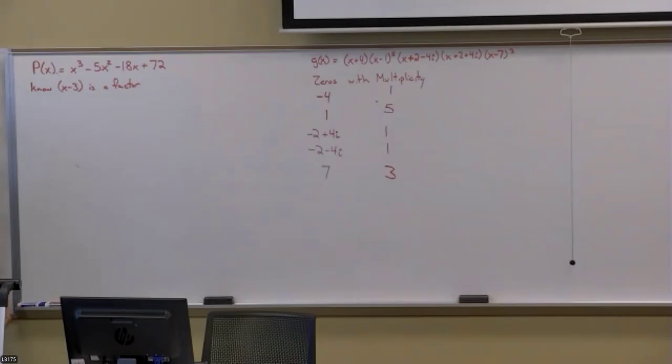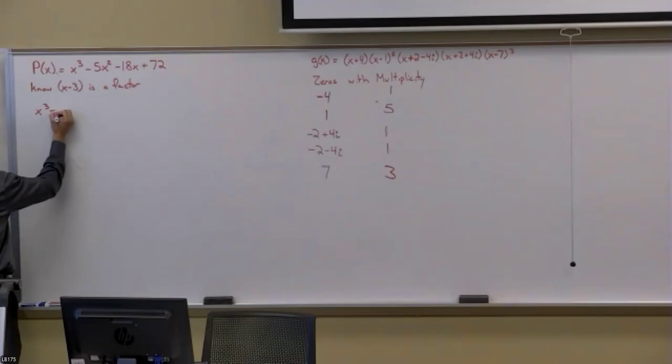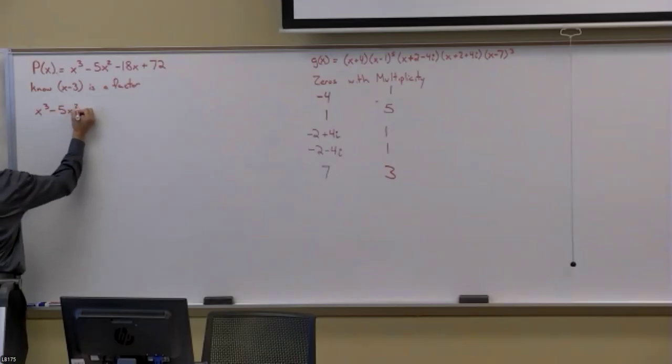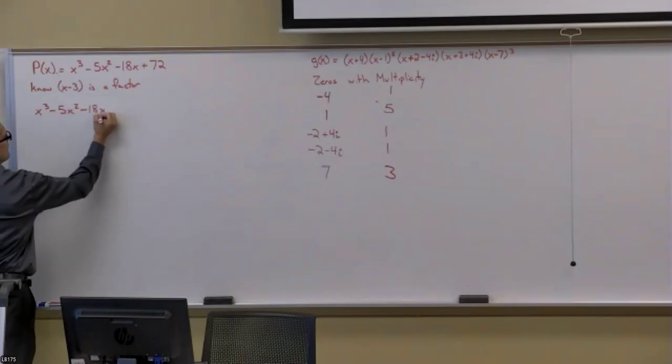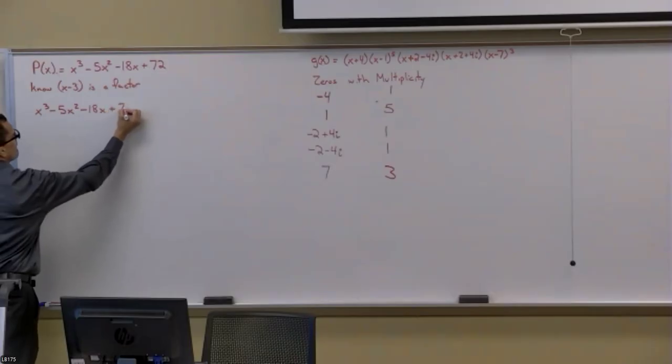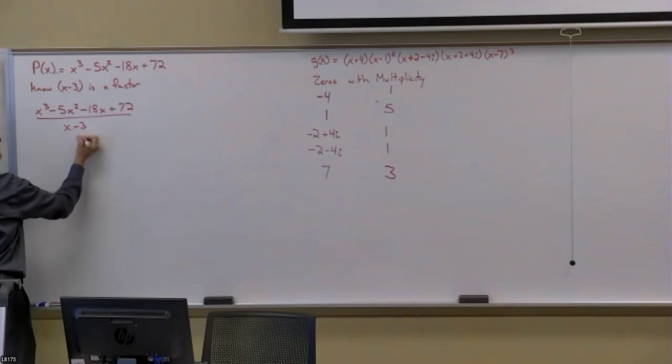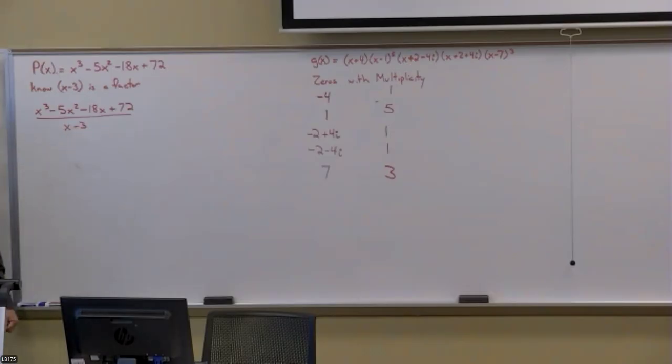If I know x minus 3 is a factor, then I know that when you divide this polynomial by x minus 3, you should get a polynomial. So we're going to use division to figure that out.